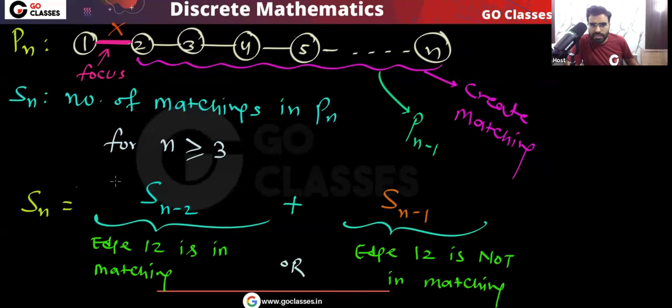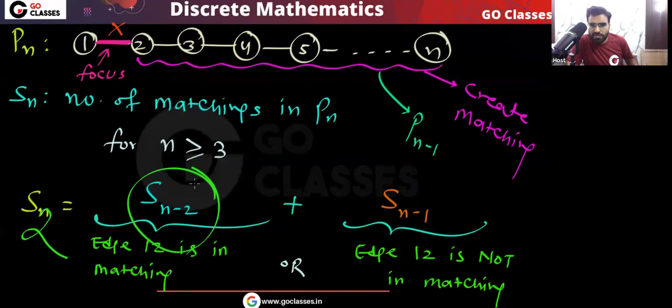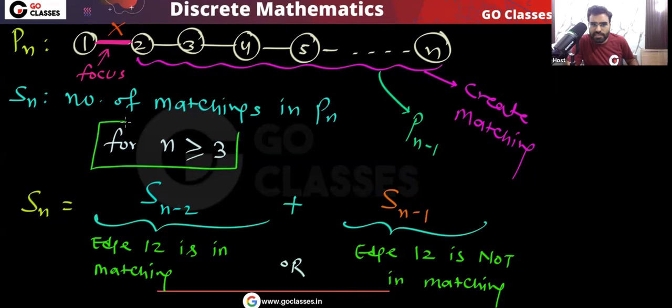But remember, this recurrence relation will not work when you put n equal to 2. If you put n equal to 2, then we will get S0 plus S1, but we don't have S0, because there is no path graph on 0 vertices. In every graph at least one vertex should be there. So very simple point, this recurrence relation will work when you have n greater than or equal to 3.